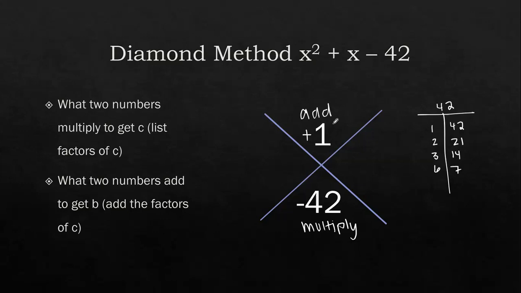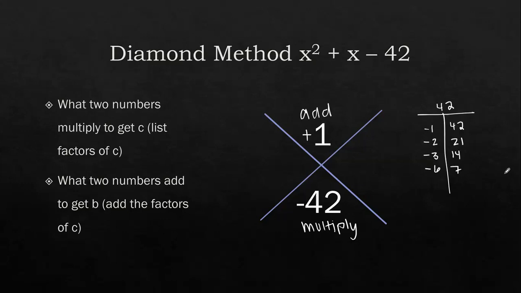If the bigger number is positive, my answer is positive. If the bigger number was negative, the answer would be negative. So I know my bigger number has to be positive, and on the smaller numbers I'm just going to put negatives.